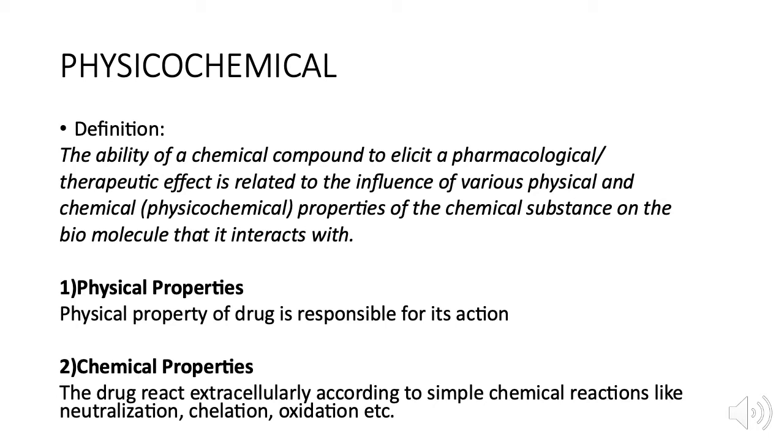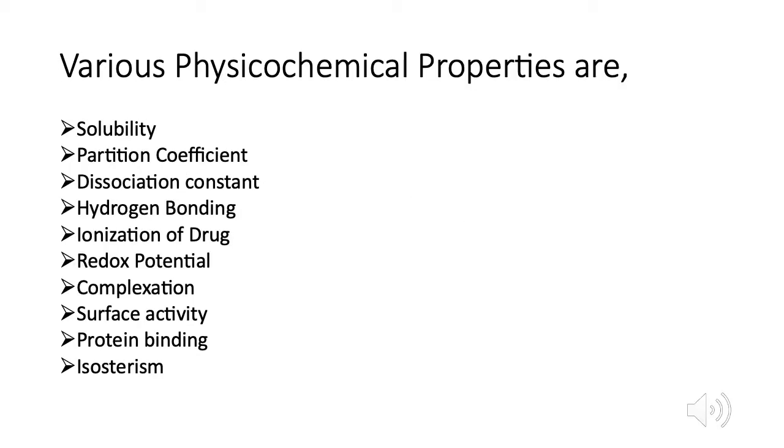If we break it down into simple terms, one is physical properties. This is the physical property of a drug, which is responsible for its action. And two is the chemical properties, where the drug reacts with extracellular components according to a simple chemical reaction like neutralization, chelation, or oxidation. As discussed in the last slide, there are various physical chemical properties that contribute to drug formulation and the success of a drug.